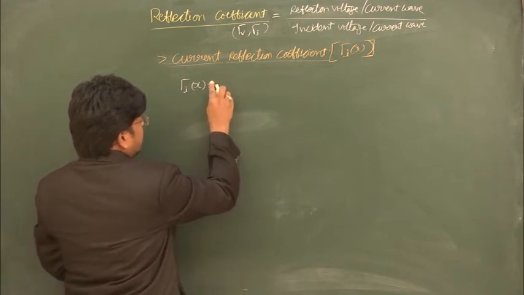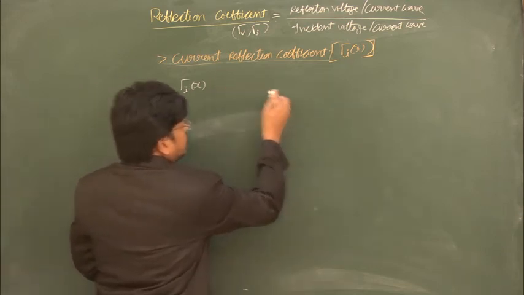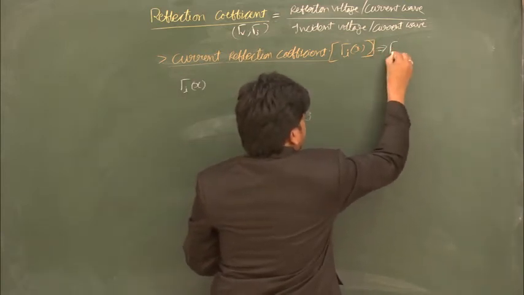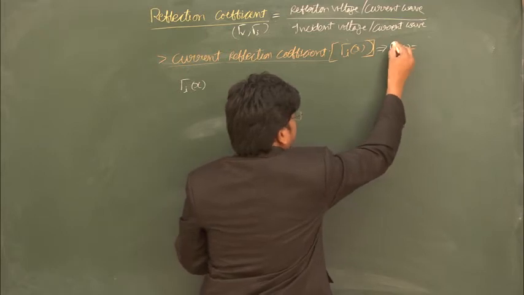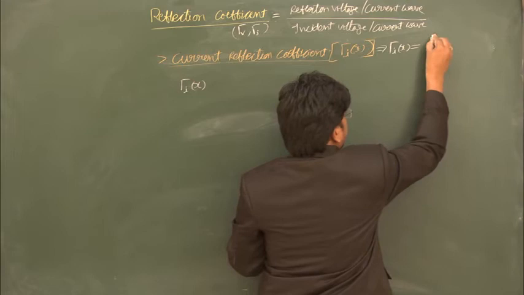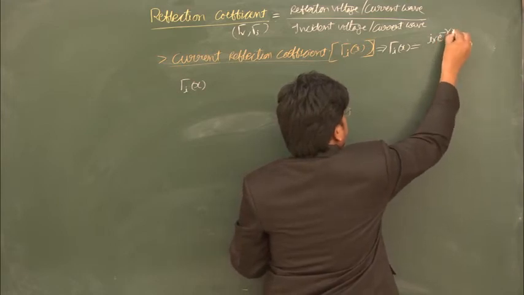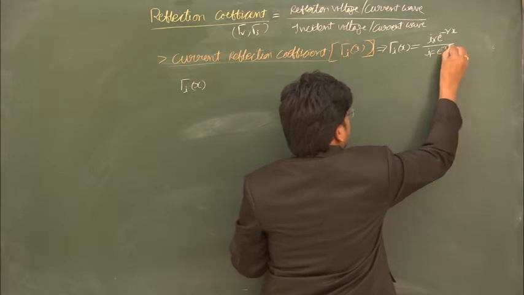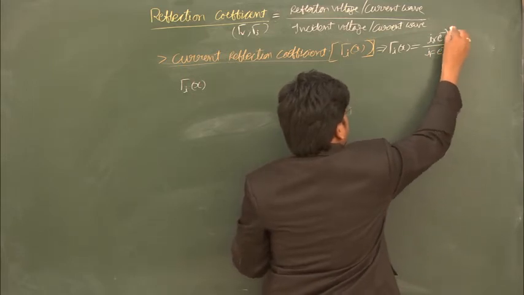So eta I of x is equivalent to the reflected current wave, IR into e power minus gamma x, by the incident current wave, IF into e power gamma x.